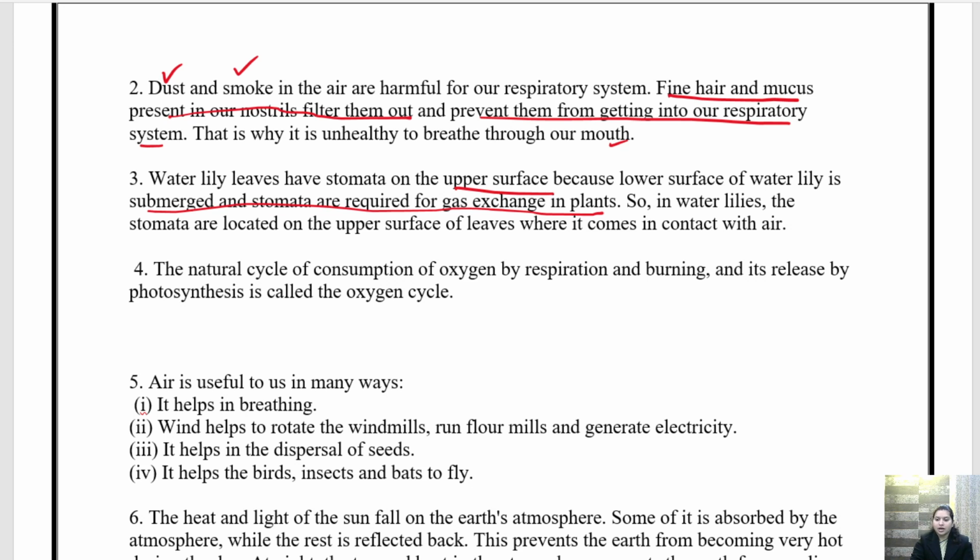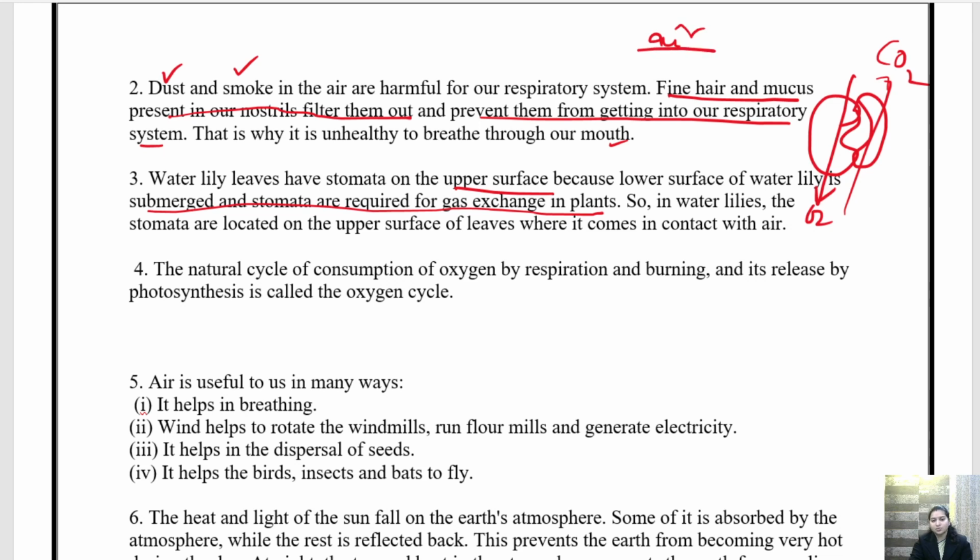If this is the stomata, what does the stomata do? It opens and closes, so it intakes oxygen and removes carbon dioxide. So for this passage, the stomata needs to be exposed to the air.